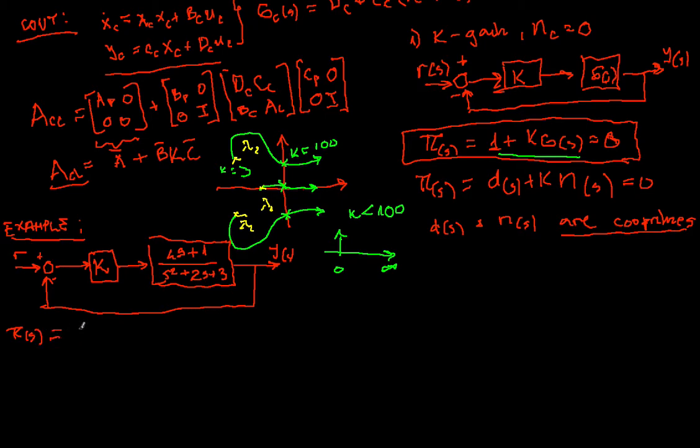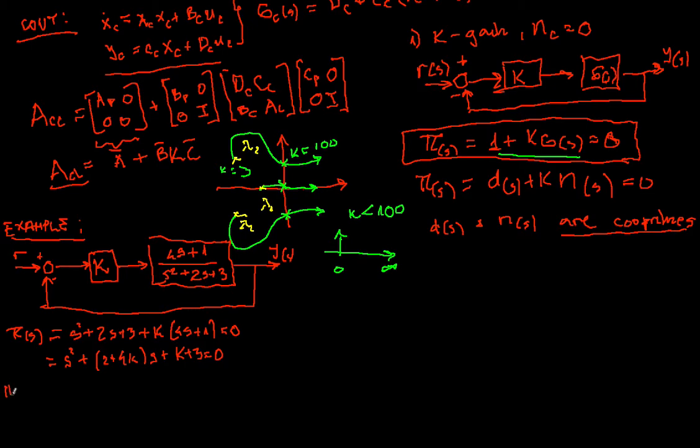In this case, we have s squared plus 2s plus 3 plus k times 4s plus 1 equals 0, and after we group the factors and coefficients, we have s squared plus 2 plus 4k times s plus k plus 3 equals 0.